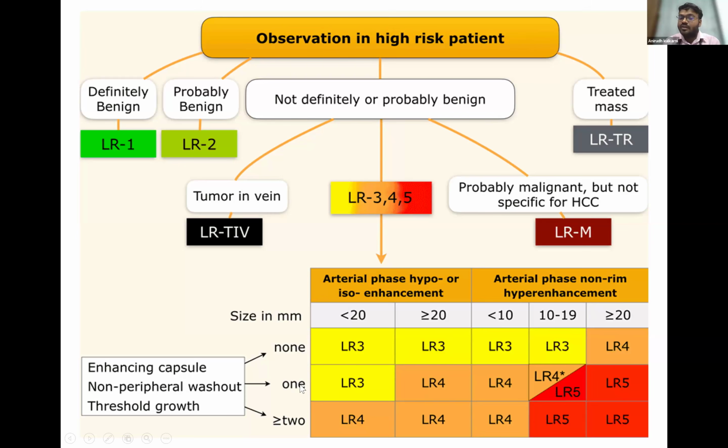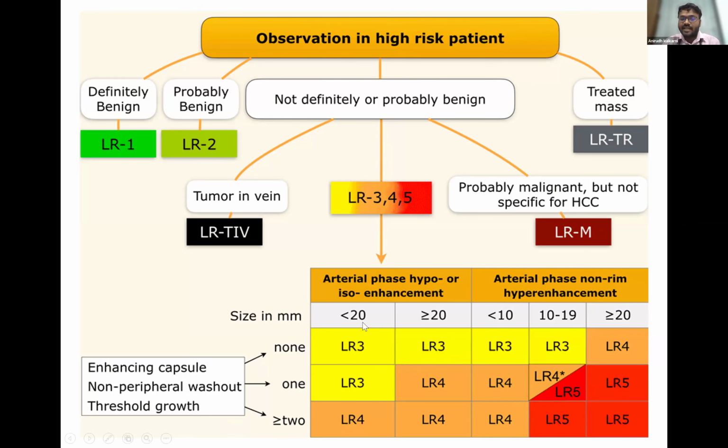And if there is one of these things, like there is an enhancing capsule, or there is a non-peripheral washout, or there is a threshold growth, any one of them, it becomes LI-RADS 5. If both of them are there, then also it is LI-RADS 5. So size is very important. Next, if the size is less than 10, it cannot be LI-RADS 5. It has to be LI-RADS 3 or LI-RADS 4.